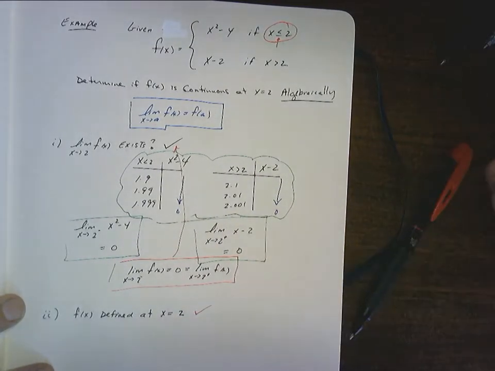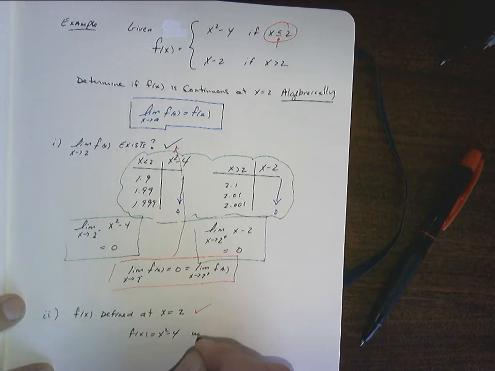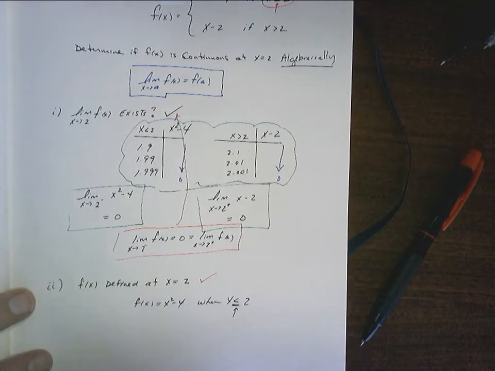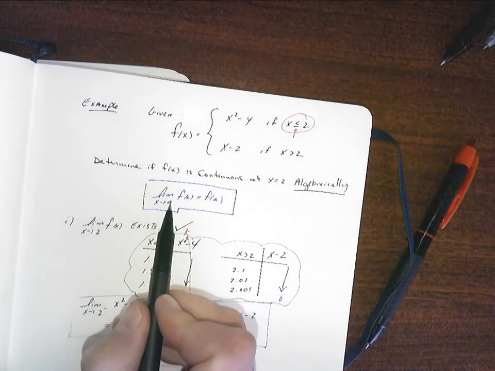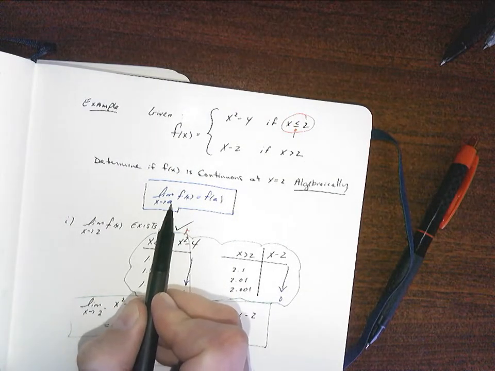And you can say f of x equals x squared minus 4 when x is less than or equal to 2. Or, I believe it's x. I don't think I have an a anywhere in here. The formula has an a, and it's the value that the x is approaching.